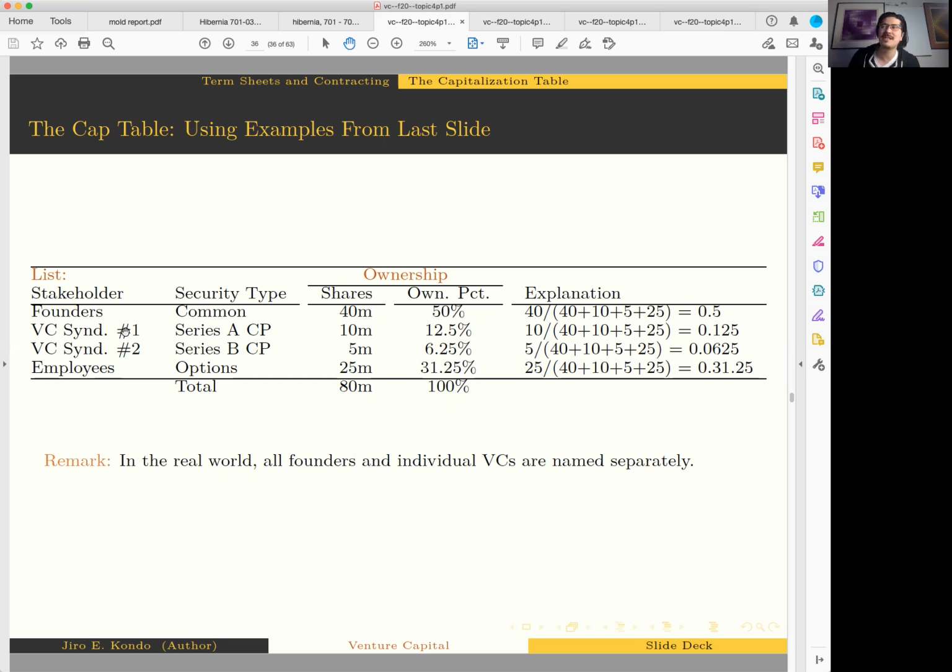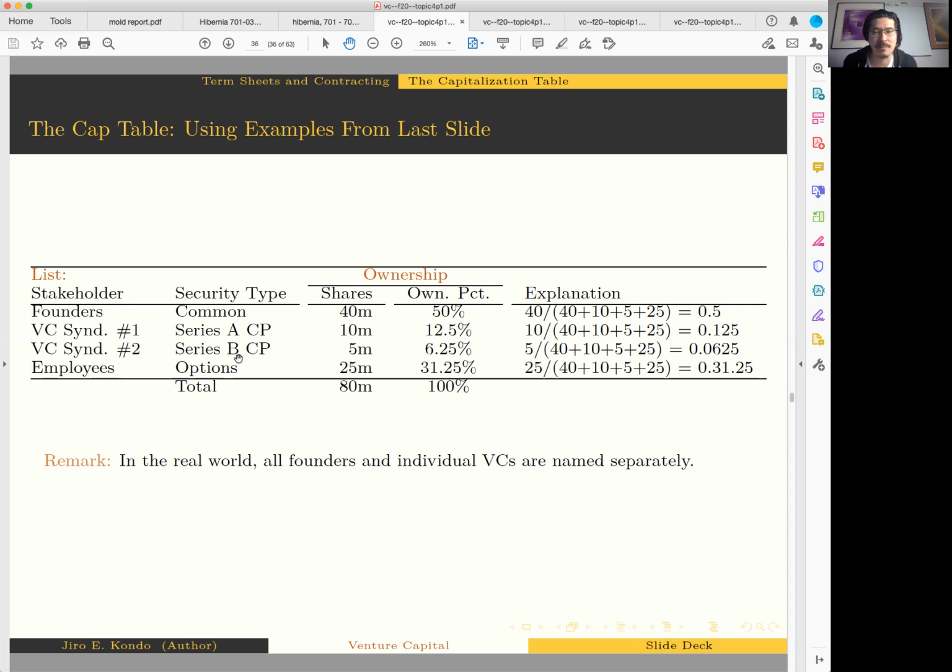So sometimes instead of doing the cap table by round, Series A, Series B, people bunch it by VC. Like Sequoia took all of round A and took half of round B. Then the cap table would say Sequoia, and it would say they own 12.5 million shares, right? All the 10 million and 2.5 of the 5.